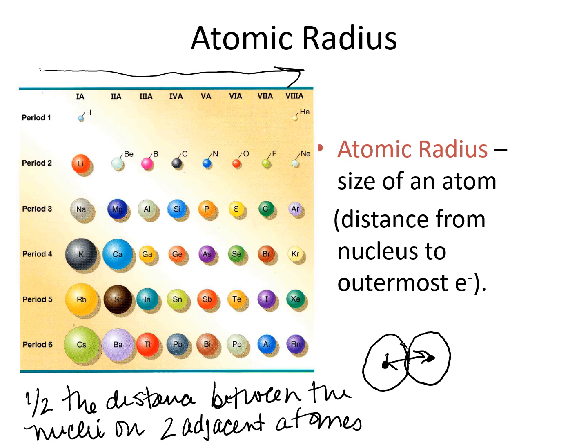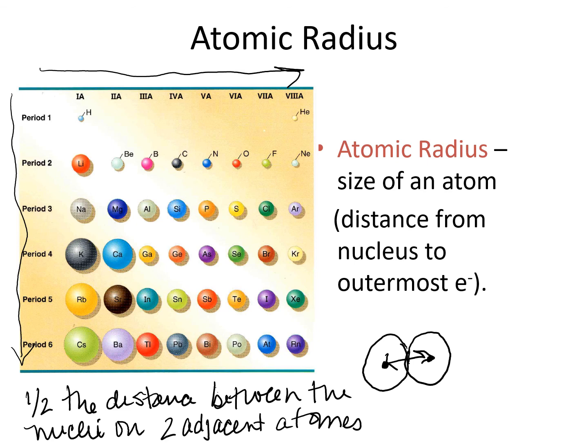Okay? And if we are moving top to bottom in a family or a group, atomic radius increases. Okay? I've also posted a handout in this week's module that summarizes all of these periodic trends as well as how to write electron configurations.